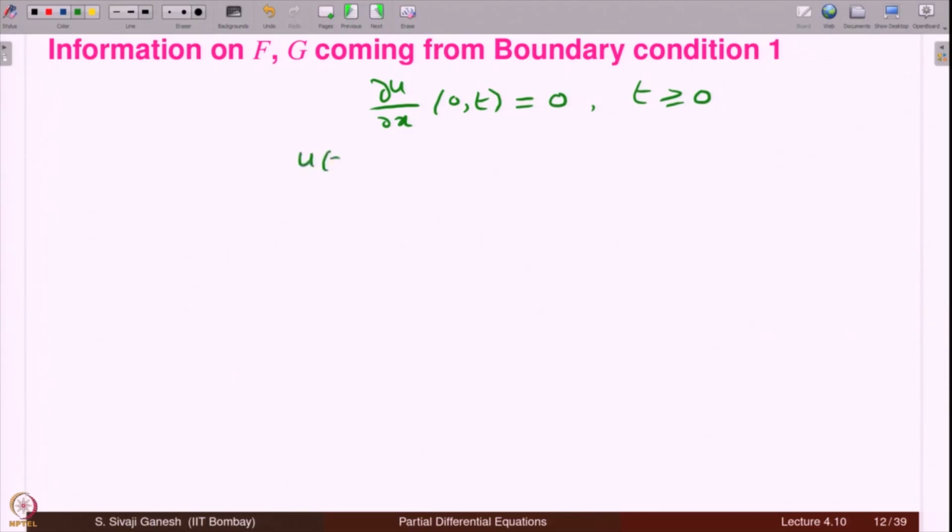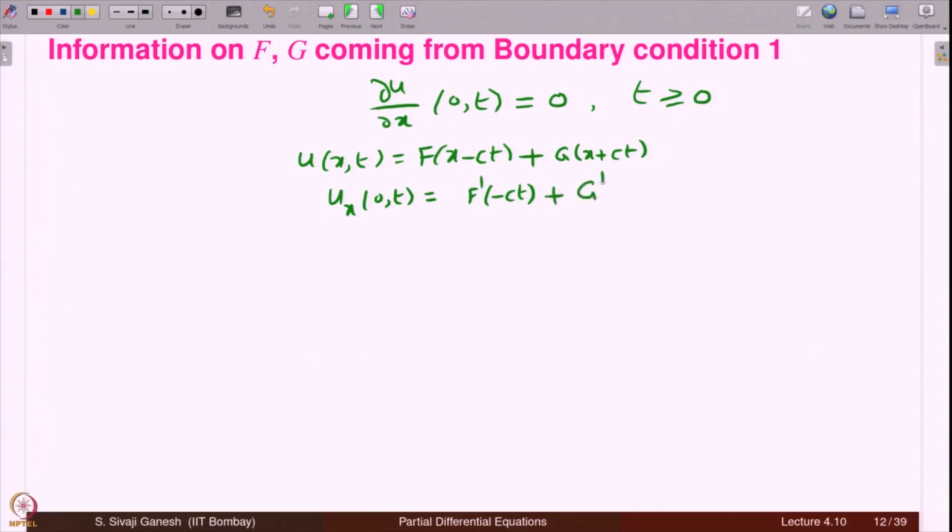Now if we use this in this formula, what is u_x of (0, t)? It is f dash at minus Ct. I am differentiating and then substituting x equal to 0.